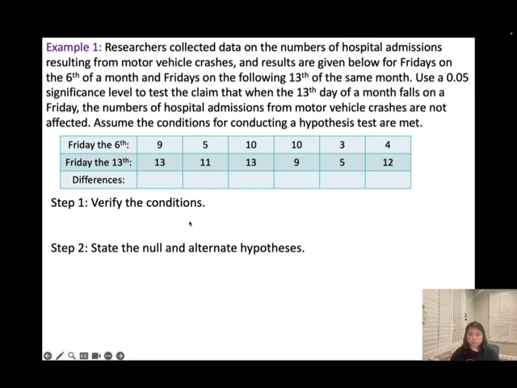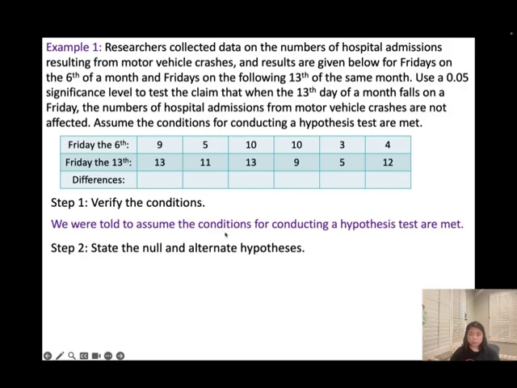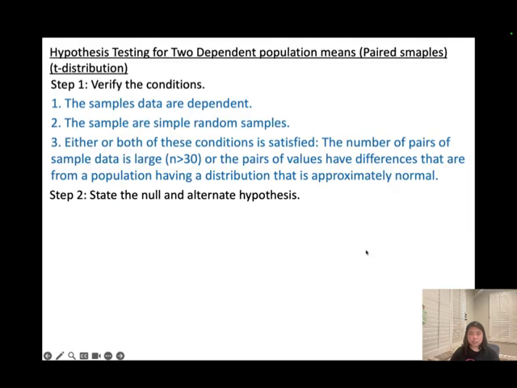First, verify the conditions. They already say to assume the conditions for conducting a hypothesis test are met, so I would just copy this. If they didn't mention it, you may just follow this part.